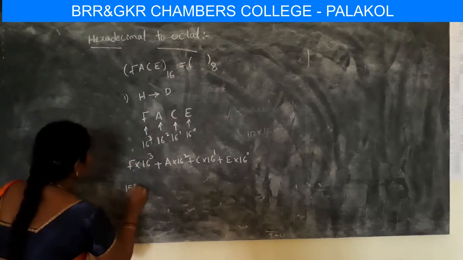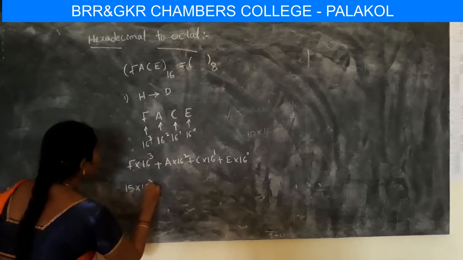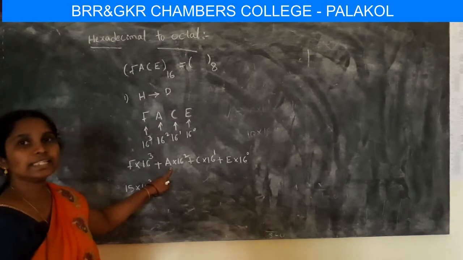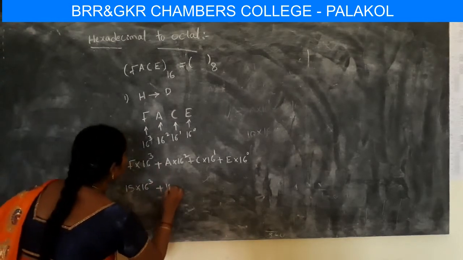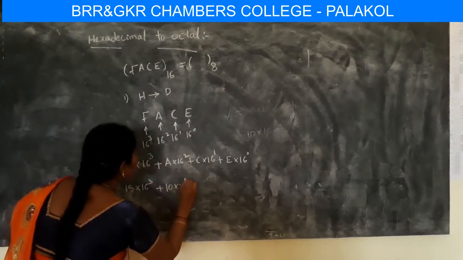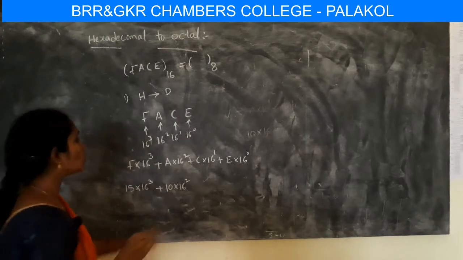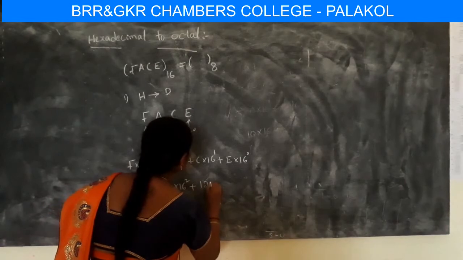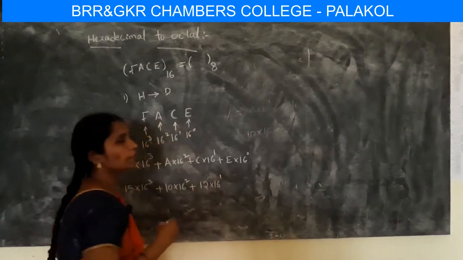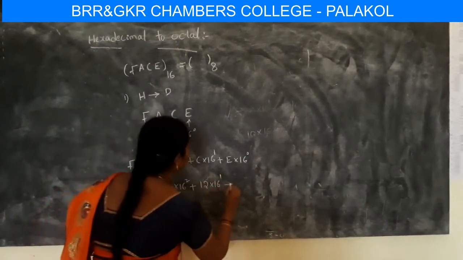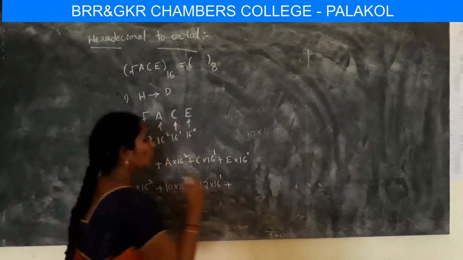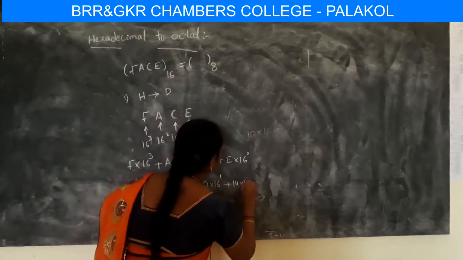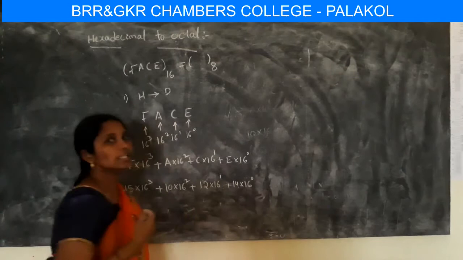So, here F is nothing but 15. So, that means 15 into 16 cube. A is nothing but 10. So, here this is 10 into 16 square. Here C is nothing but 12, that is 12 into 16 power 1, and E is nothing but 14. So, that is 14 into 16 power 0.